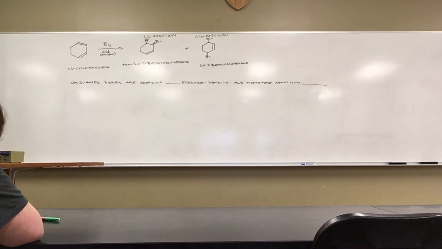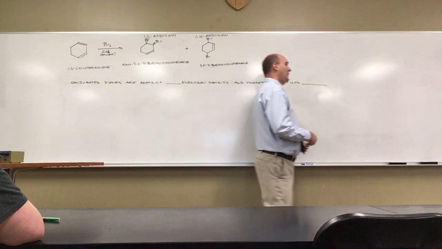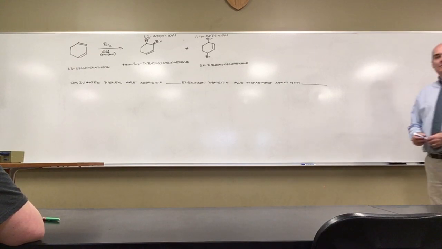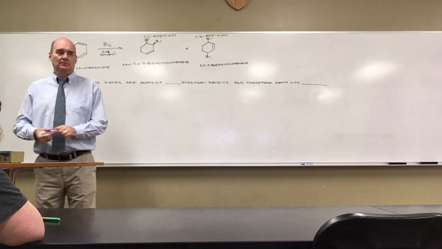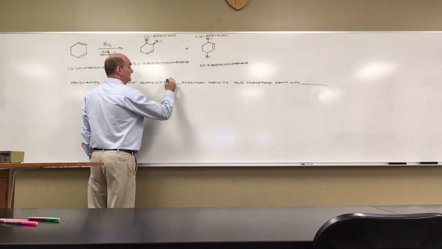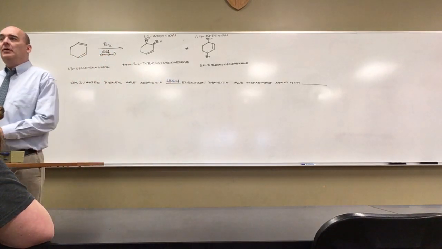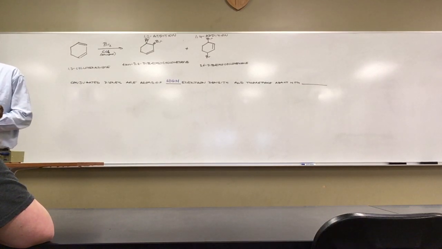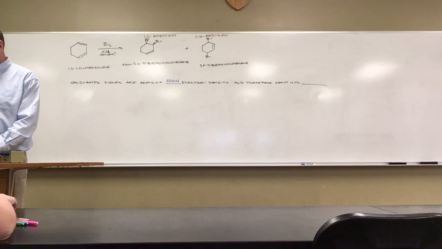Conjugated dienes are areas of blank electron density, and therefore they're going to react with blank. What's the first missing word? If one of the reactants on your page has lots of electrons, it is electron rich.